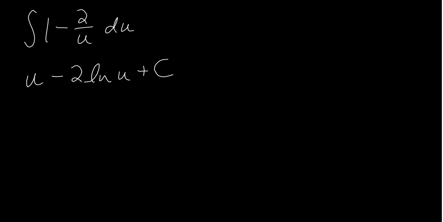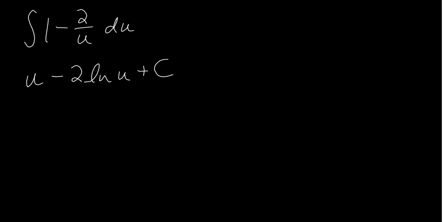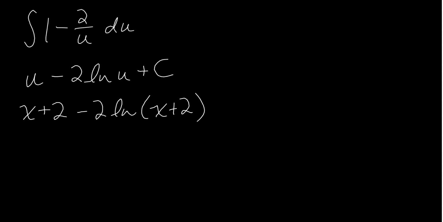Well, we're not done because we said that u is equal to x plus 2. So let's put x plus 2 in here. So we're going to have x plus 2 minus 2 natural log of x plus 2 plus c.